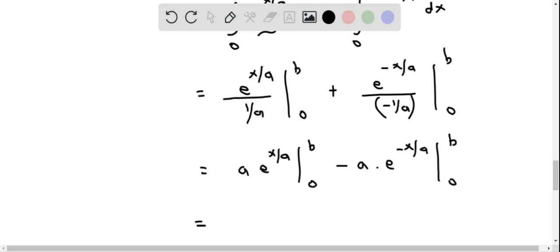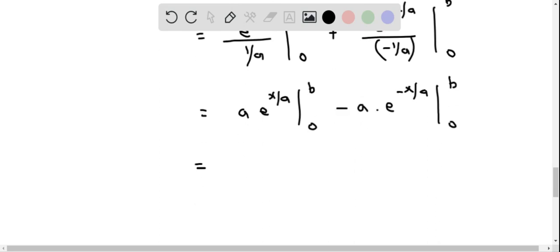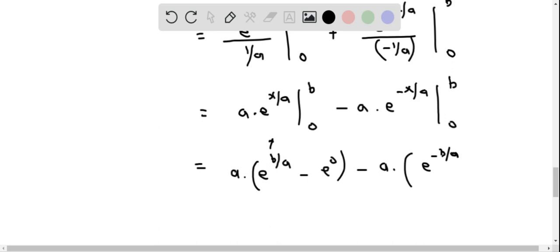So first let's apply the upper limit and lower limit for this expression. This becomes a times e raised to the power of, instead of x we write b by a, minus, when you apply the lower limit, e raised to the power of 0, minus we have a times e raised to the power of negative b by a minus e raised to the power of negative 0, which is negative 0.